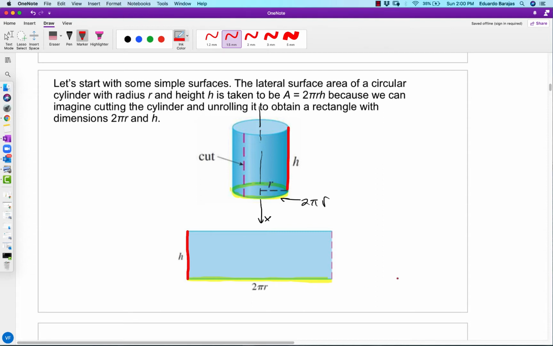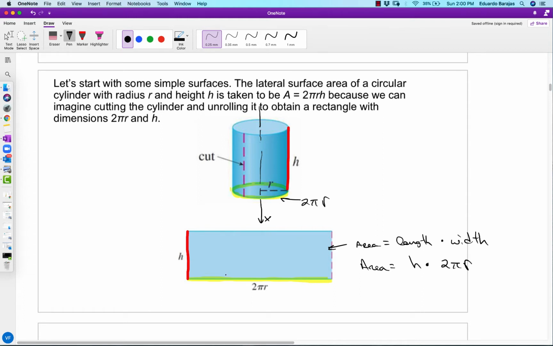So we can see that the area of this rectangle is going to be length times width. So this area is equal to the length times the width, which in this scenario is h times 2 pi r.